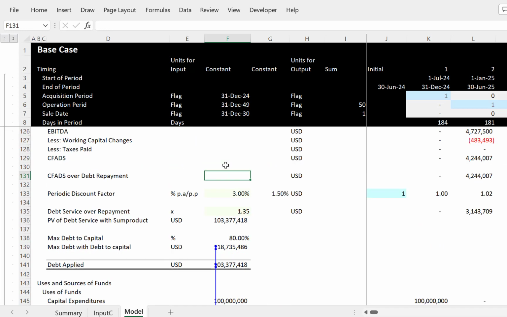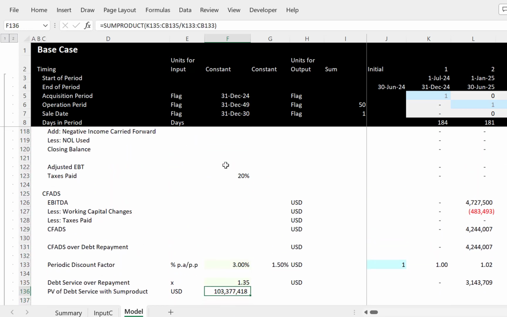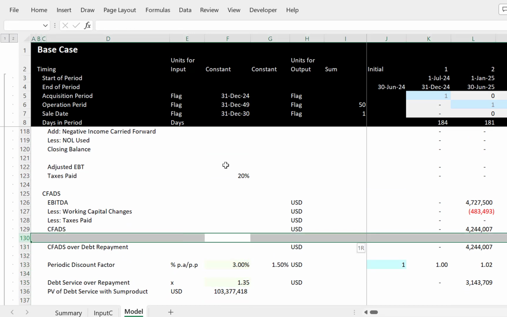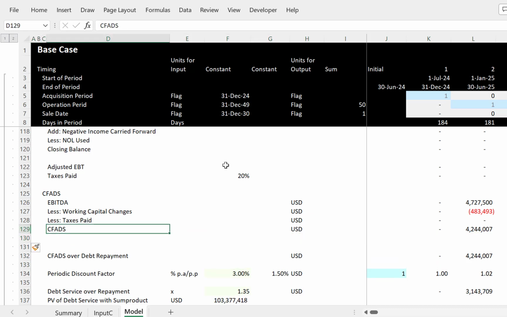And now, to do this, if we do this with a copy and paste, you could do this in a separate page, and that would be a pain. Let's fix this one. Now, we've lost the blue lines. I hate it when Excel does this. I would call this CFADS fixed. And then we put CFADS computed.